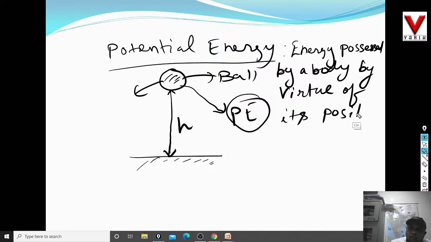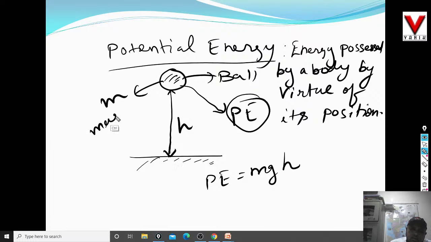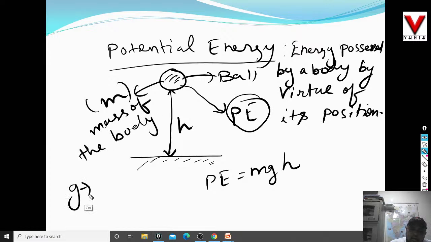And how do we express potential energy? As mgh. Now what is this m? m is the mass of the body, and small g is acceleration due to gravity.